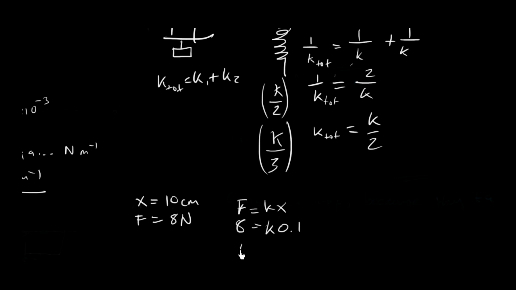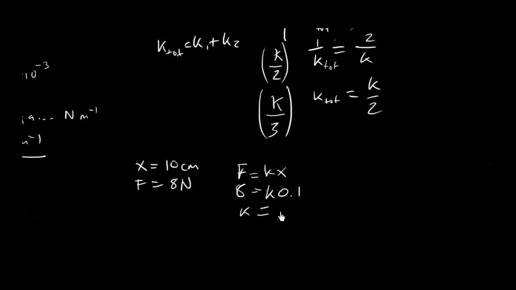So K is equal to 8 divided by 0.1, which is the same thing as 8 times 10, therefore 80 newtons per meter, sorry. Yeah.